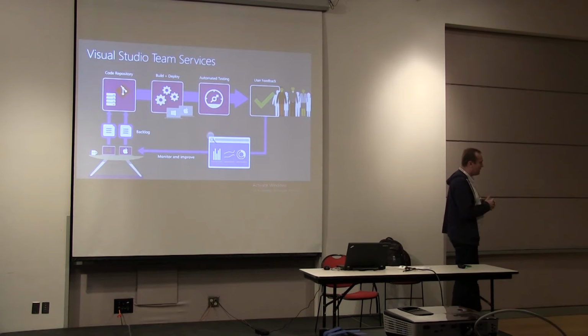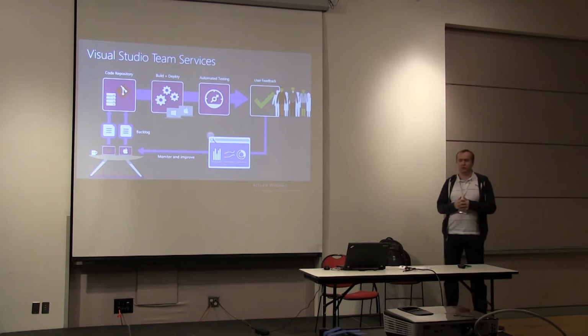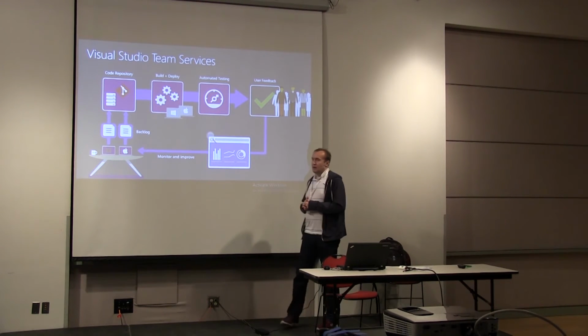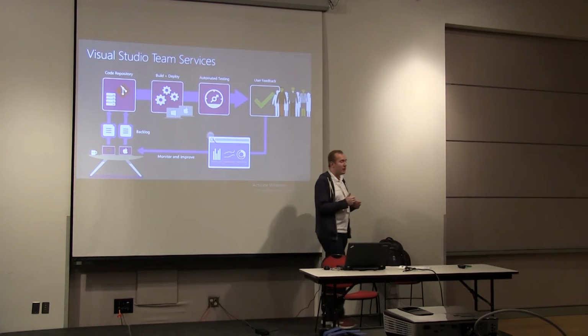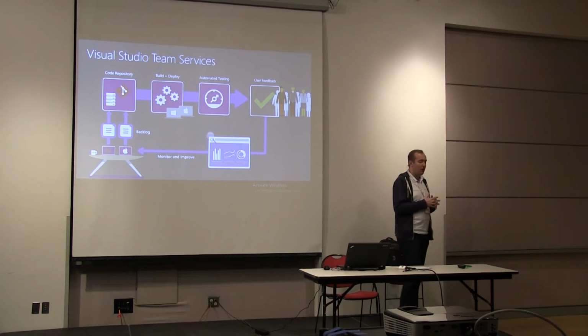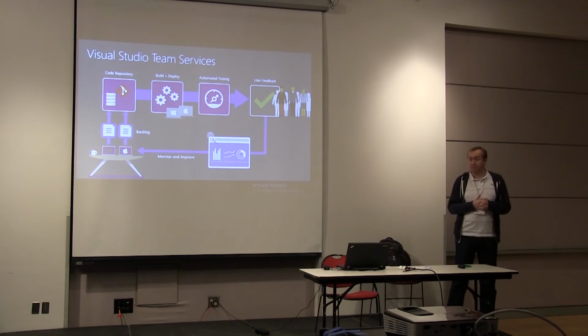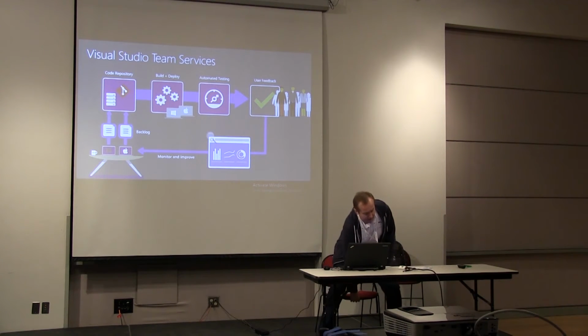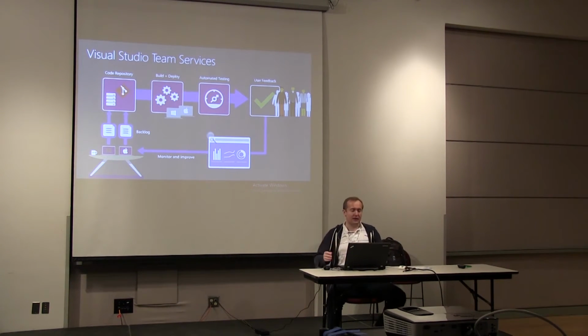And several months ago, we announced the availability of the Visual Studio Team Services Marketplace. So you can even find lots of different external components that will help you to extend your environment and probably improve the software development lifecycle. So how do you start working with Visual Studio Team Services?